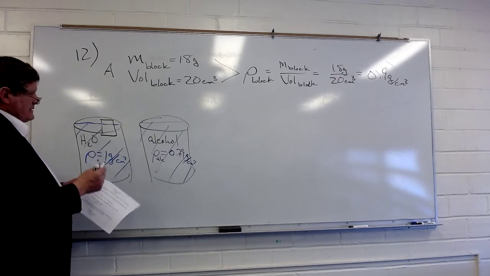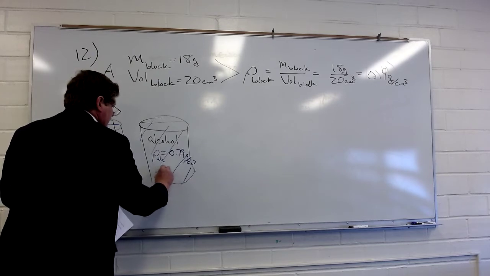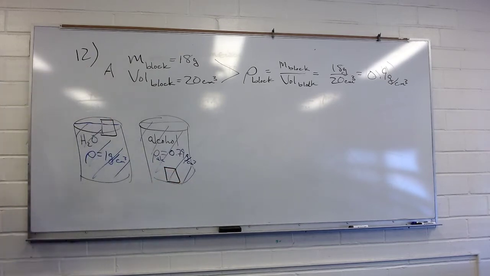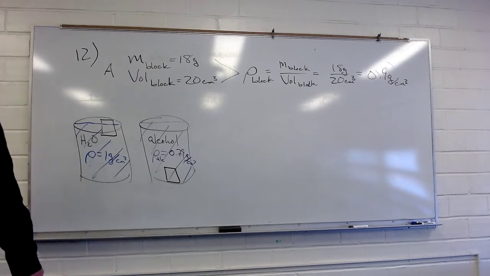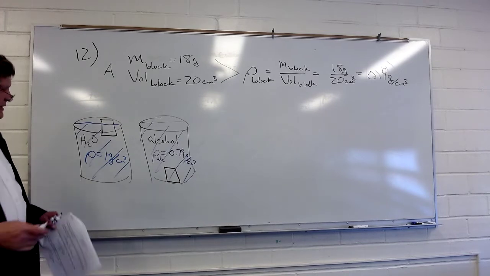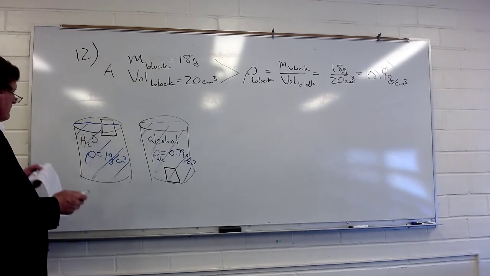But because it has a density greater than that of alcohol, it's going to sink to the bottom of the alcohol. Now we're asked in problem 12, if I place it slowly and carefully in the bucket of water, how many cc's of water will be spilled out?